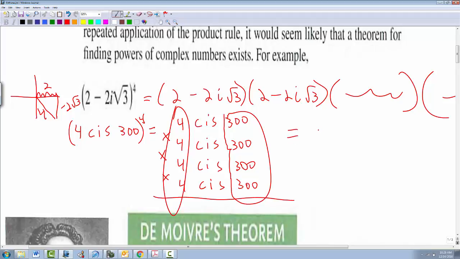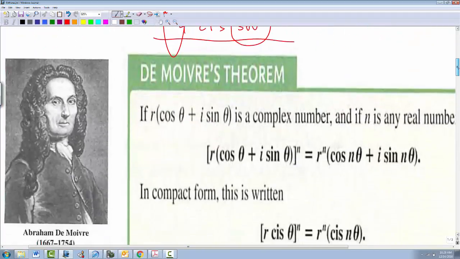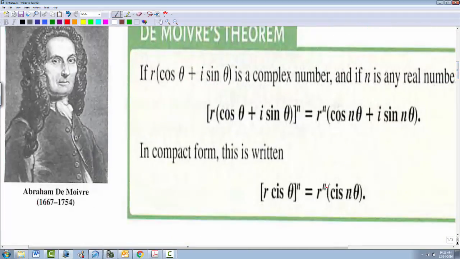So this equals 4 to the fourth cis 4 times 300. And there's your rule. Whenever you take a cis number raised to a power, you take the r to that power, and you multiply the angle by whatever that power is.